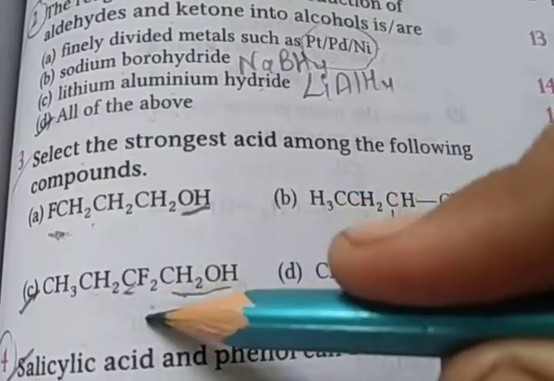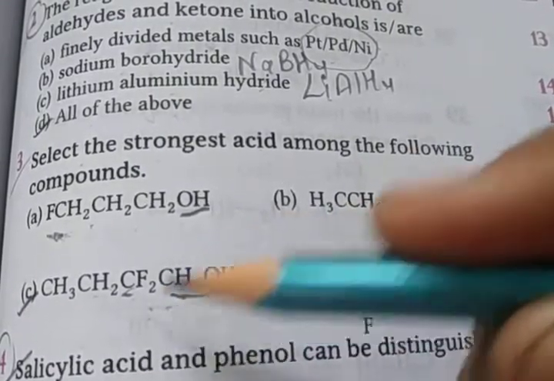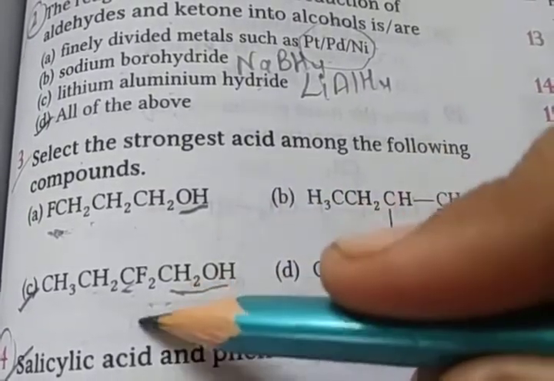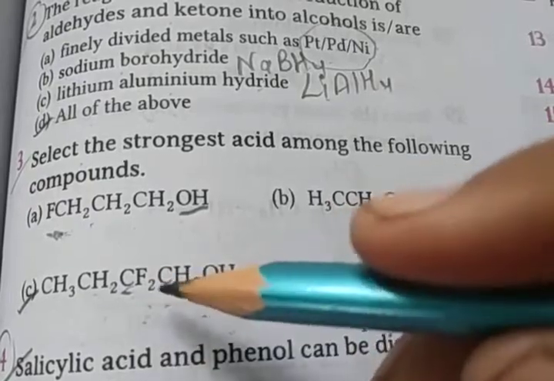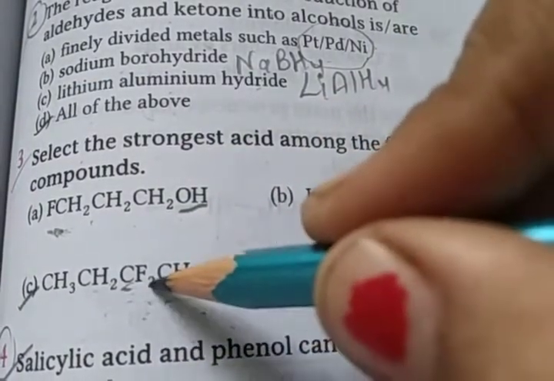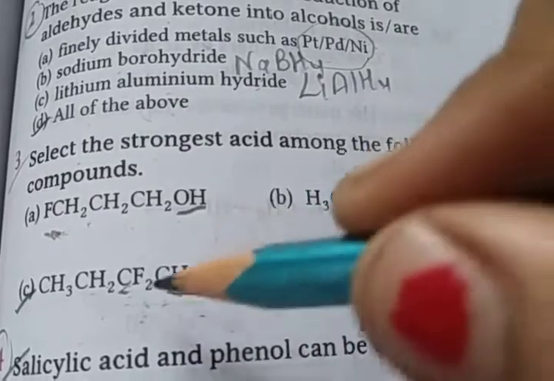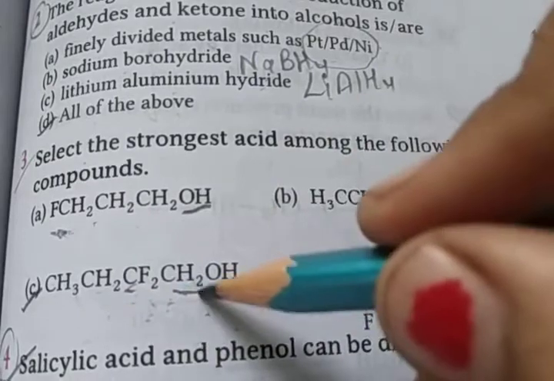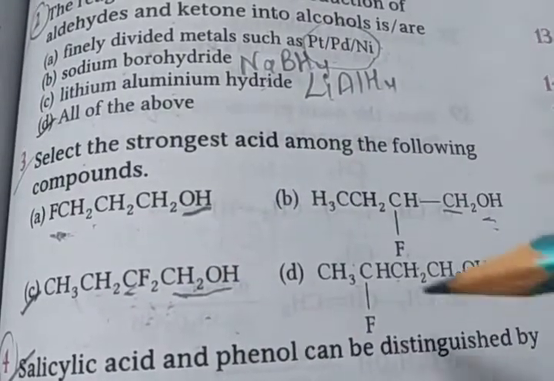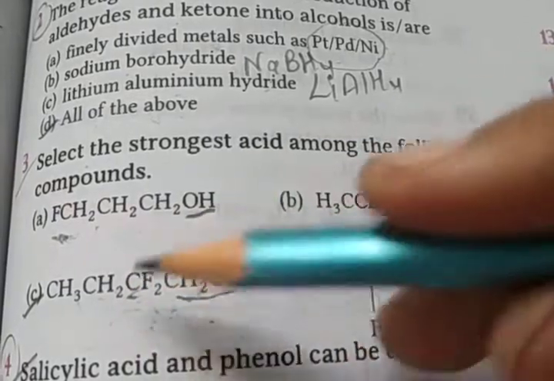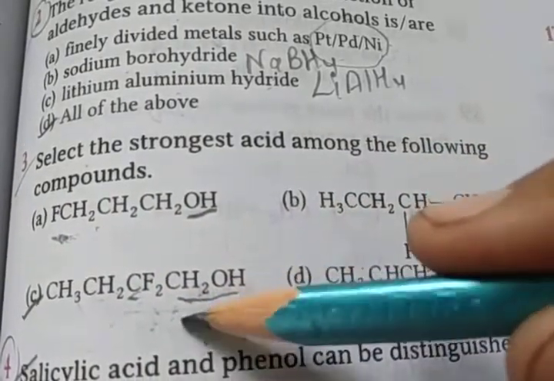So it is the strongest acid, because acid property is removal of the H plus ion. Here in example C, the hydrogen ion is released and fluorine accepts. Removal of H plus ion is the property of an acid, so it is the strongest acid. Here you see first carbon OH and third carbon fluorine. So option C is the strongest acid.